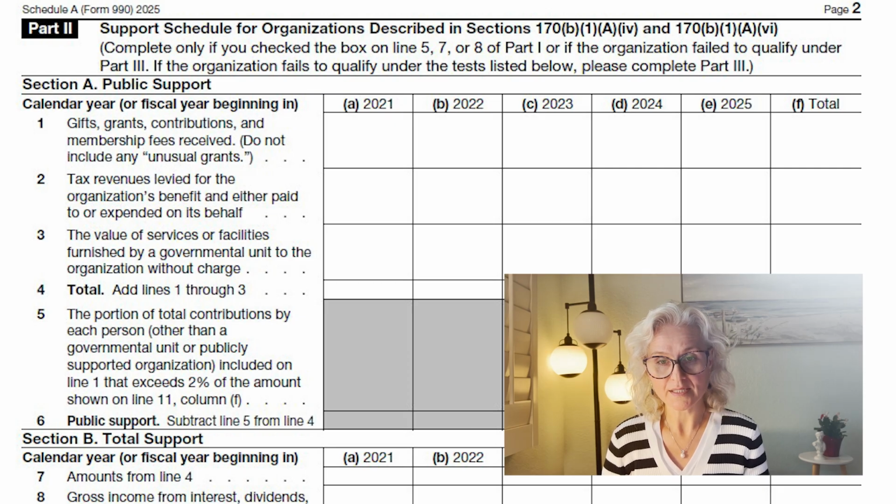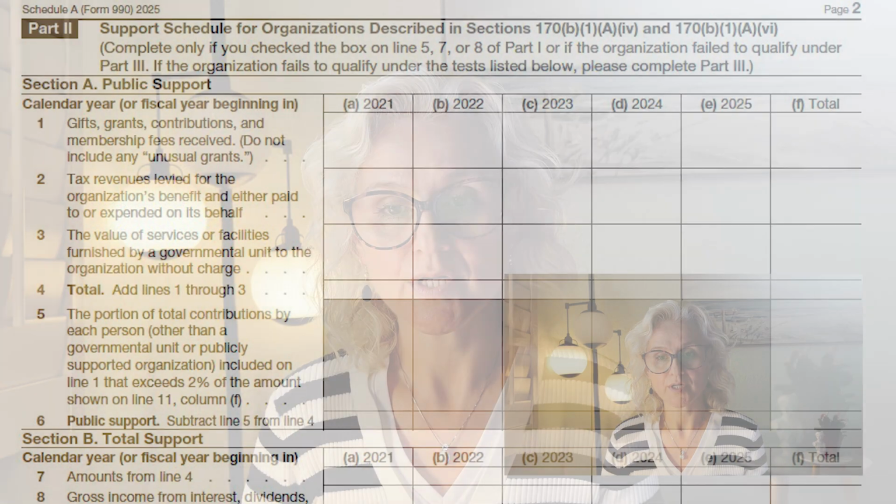That percentage is calculated based on the past 5 years. The rolling percentage is critical. Each year, the oldest year drops off and a new year is added. The organization is not evaluated based on a single year in isolation, but on how its support looks over time. Again, looking at the past 5 years.